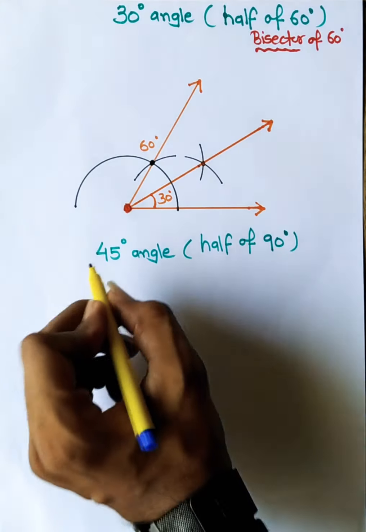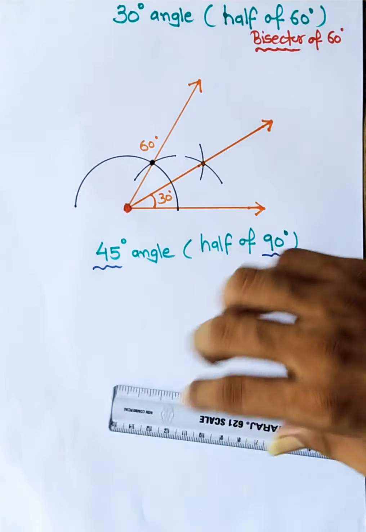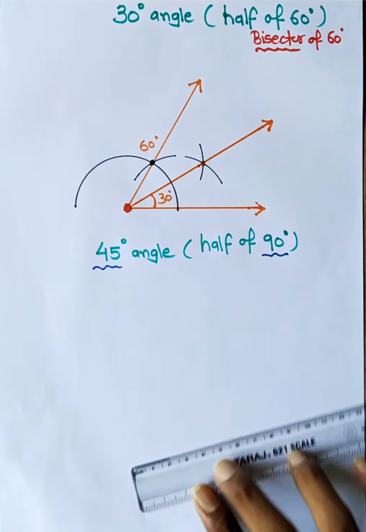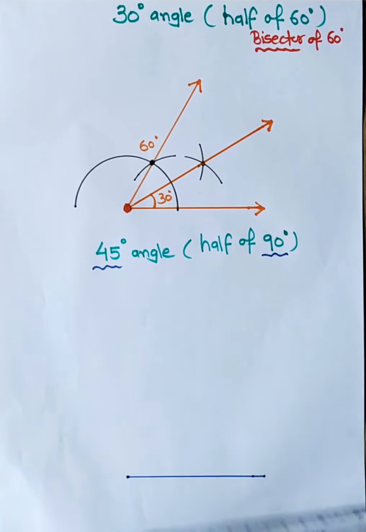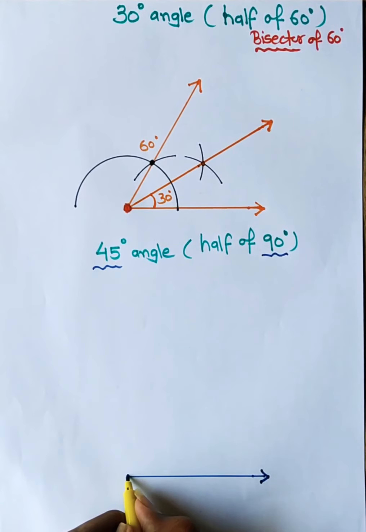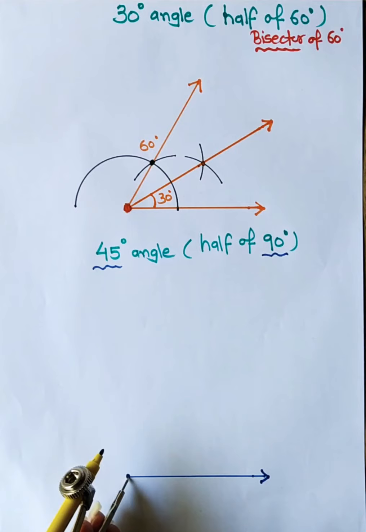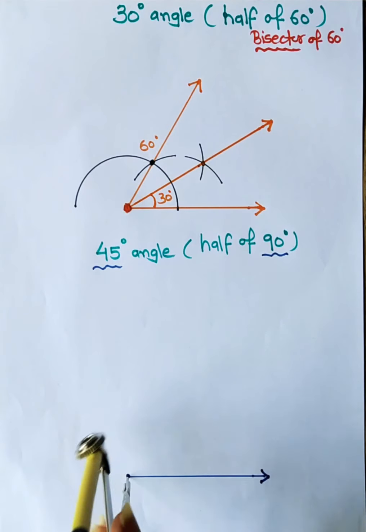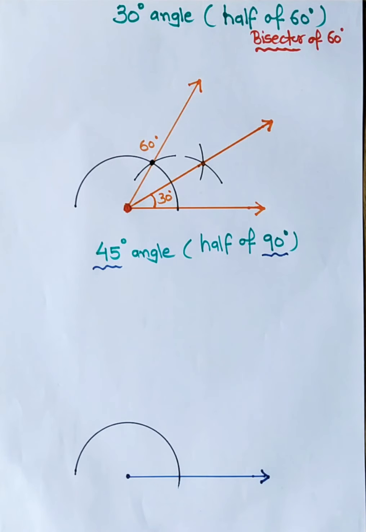Now let us go for the 45 degree. So before we draw 45, we have to draw the 90 degree. So let us revise how to draw 90 degree. What I am doing is I am drawing a ray. This is my end point. From this end point, taking as the center, I will draw a semicircle. I got this intersecting point over here.